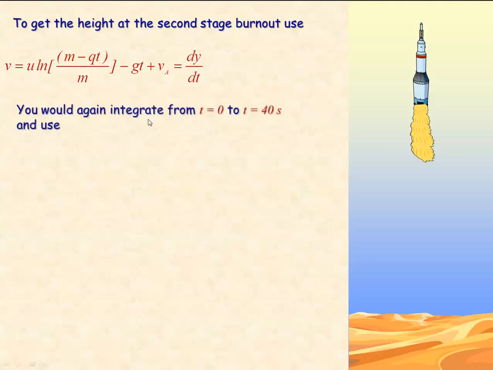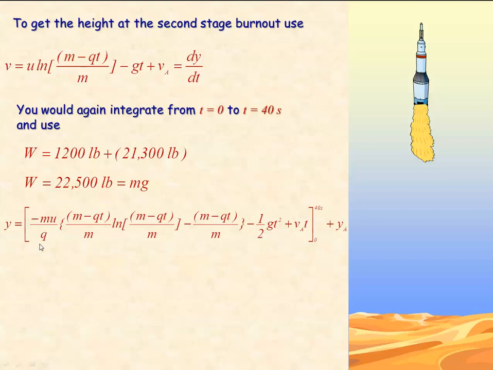You would again integrate from t equals 0 to 40 seconds and use this right here, because now W is 12,000 pounds and just one of the tanks. So it comes out to be this number right here. So it's a different M that we have now. Okay. And so when you integrate this thing out with the dy/dt equal to all that, you end up with this expression right here. You're going to go 0 to 40 seconds.